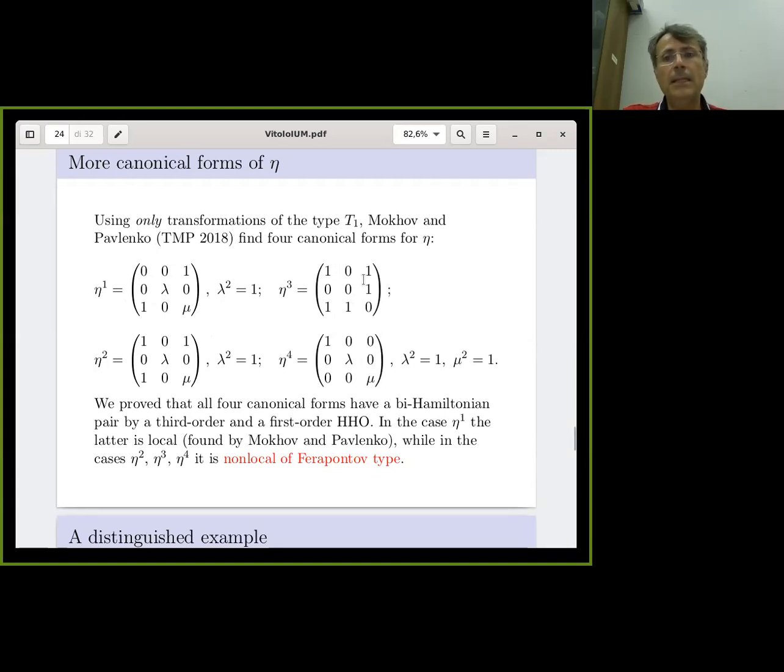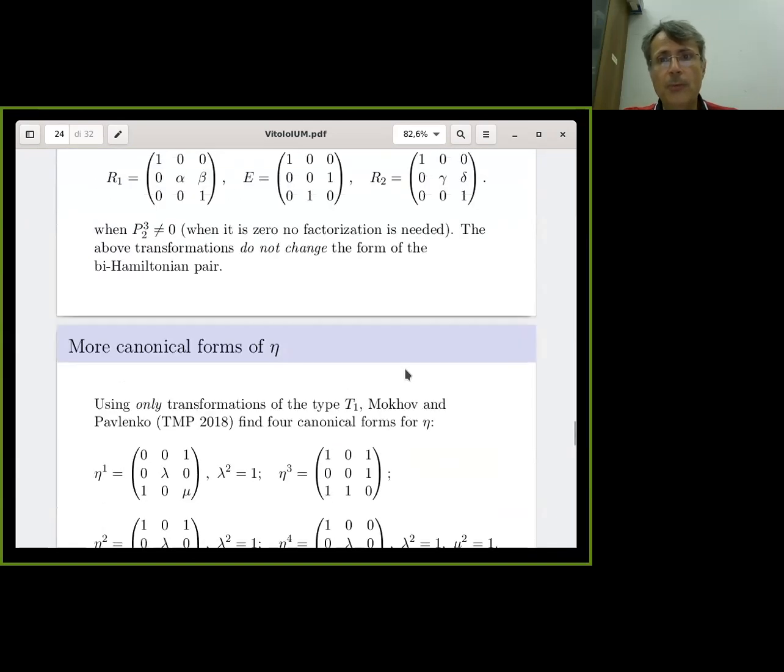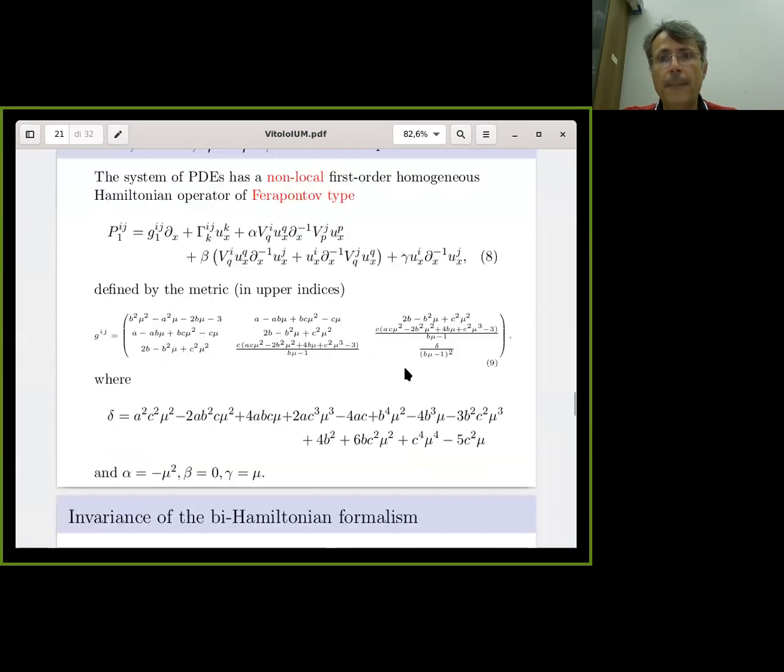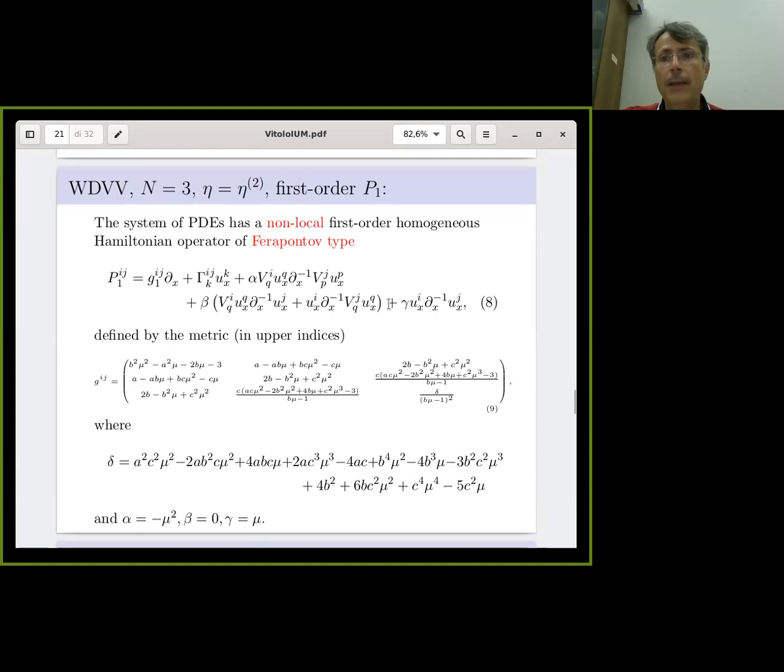Plus, we found that eta3, eta2, and eta4 have a non-local operator first order of Ferapontov type. More specifically, the type is exactly what I showed you before. So this type here, equation number 8. So 3 constants and the tail, which is determined by a certain combination.